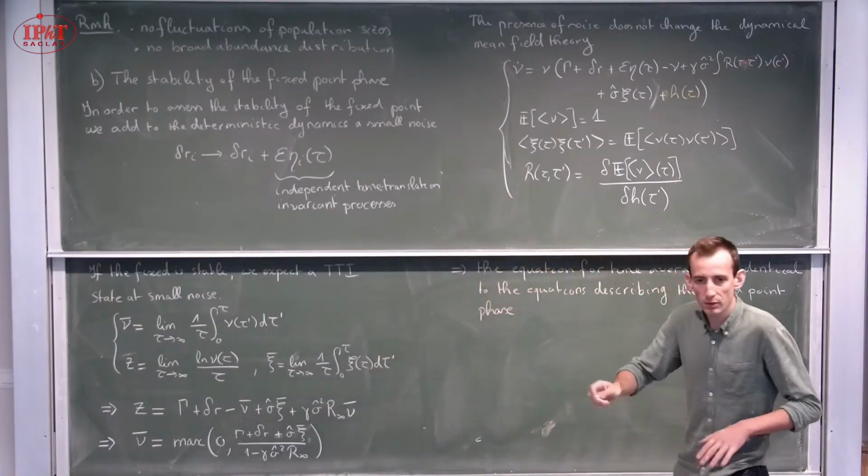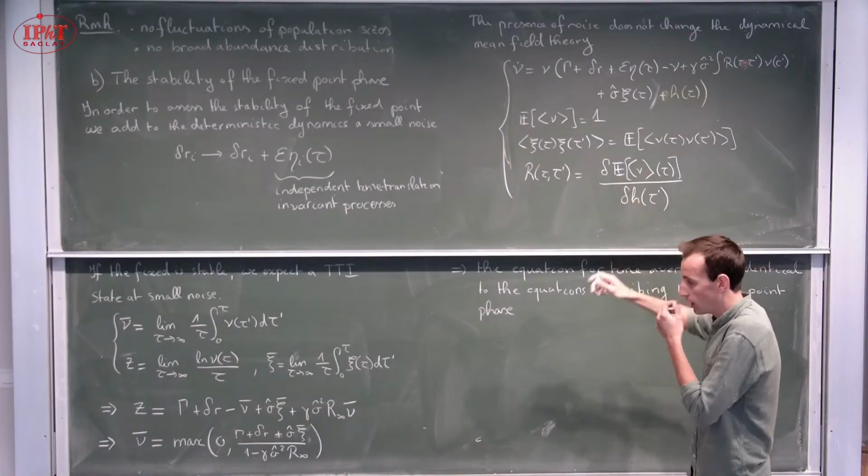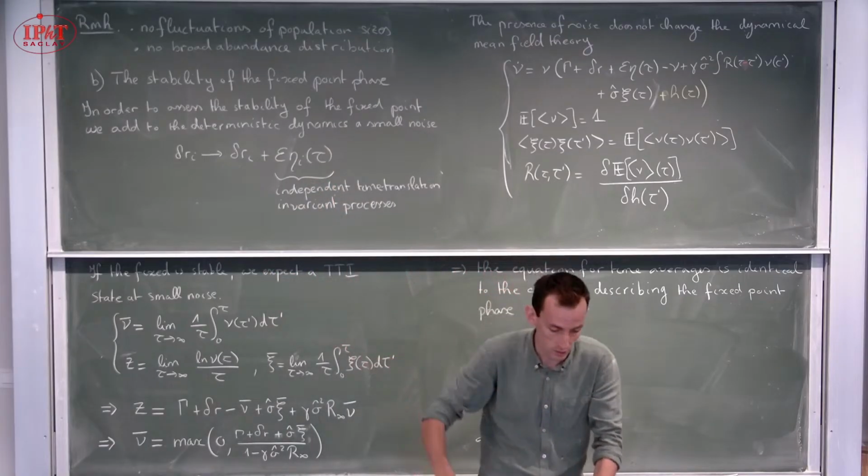So if the fixed point is stable, the time averages that you get in the presence of noise are actually distributed exactly as the fixed point was distributed in the absence of noise.